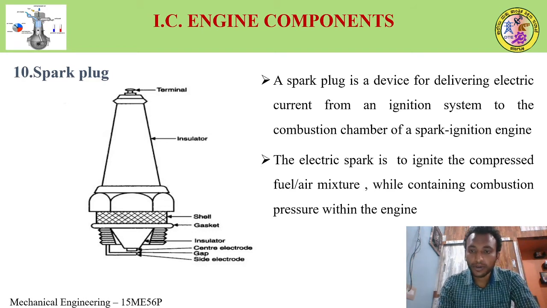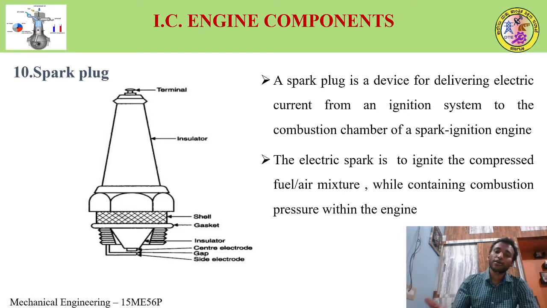The electric spark is to ignite the compressed fuel air mixture, which contains the combustion pressure within the engine. That is, when the pressure and temperature of the compressed fuel and air are high, what we need is fire. We supply that, electric, through the spark plug.